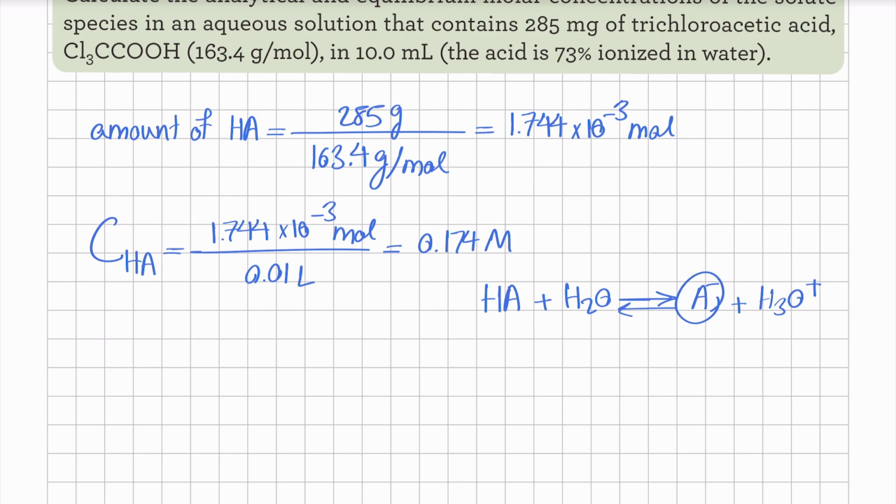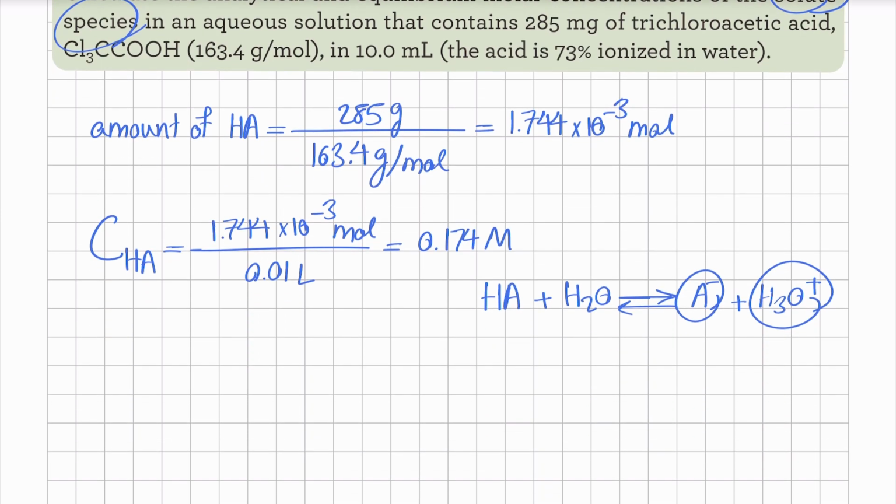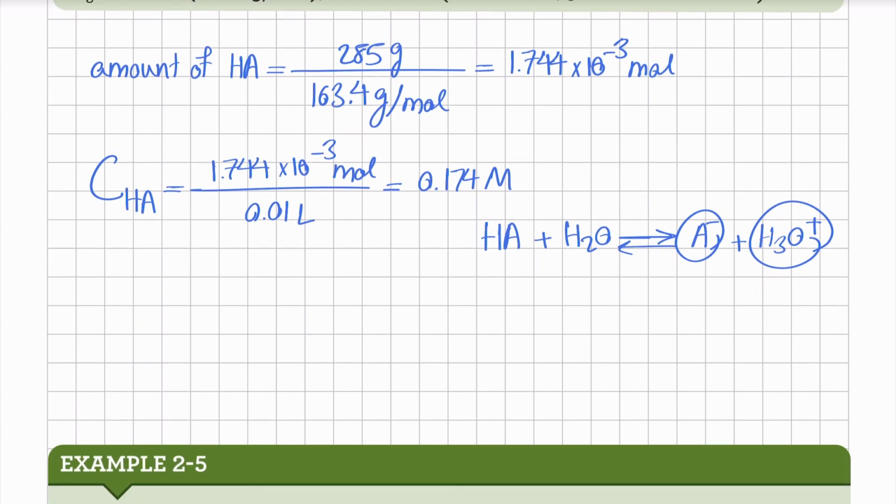So A minus ion and hydronium are exactly the solute species in our aqueous solution. Now, to find out their equilibrium concentration, we can say the equilibrium concentration of A minus equals the concentration of hydronium ion.